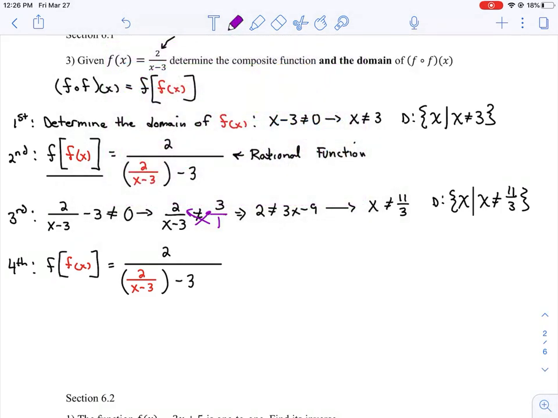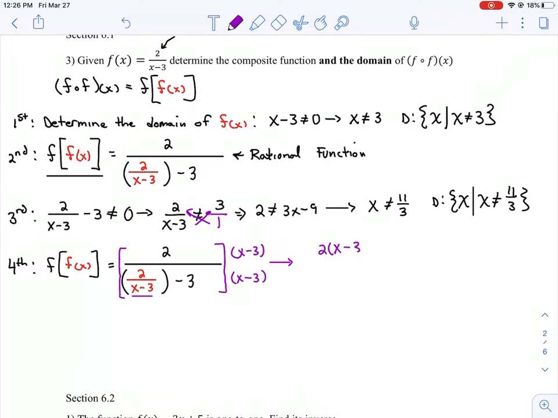And notice that this is a fraction with a fraction in the denominator. So we're going to rewrite this so the fraction is not in the denominator, by multiplying the numerator and the denominator by x minus 3.